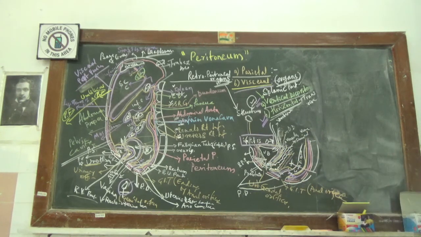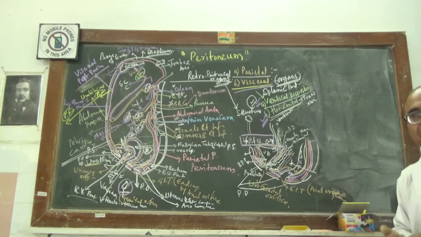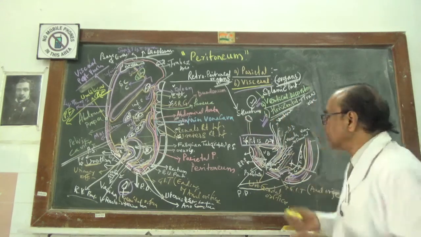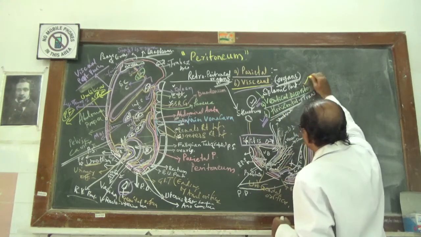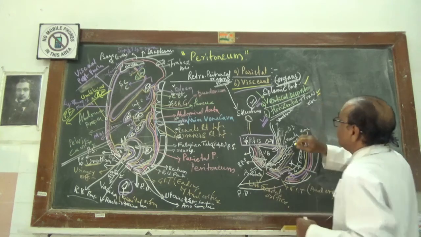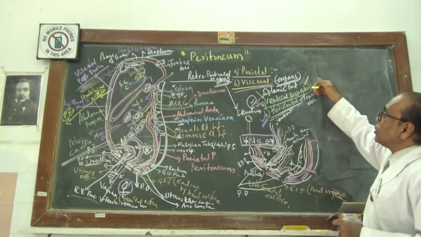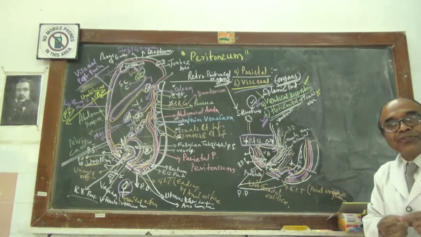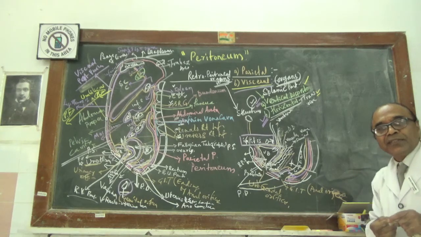Now after having heard this, here we should know the importance of the folds or the ligaments. Why should that ligament be there, or why should that fold be there, dividing itself into the vertical or longitudinal and the horizontal or transverse? Why should these be there?